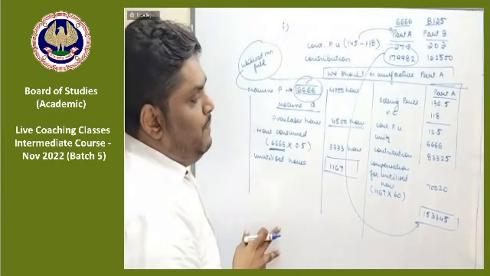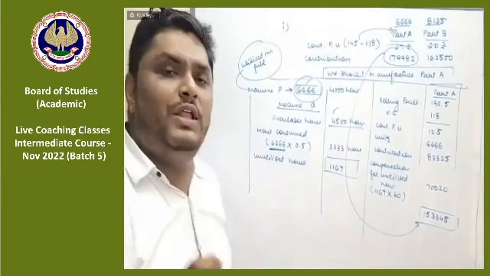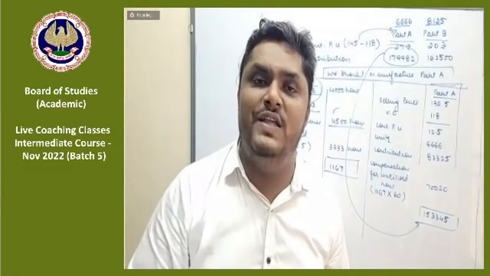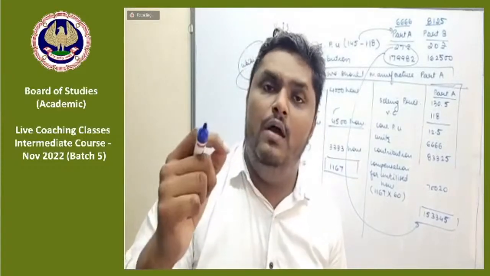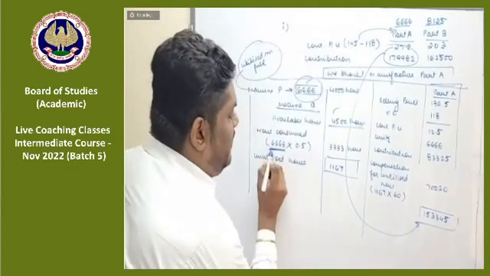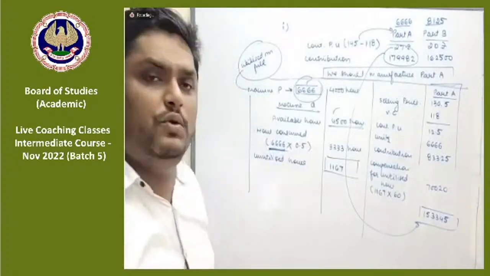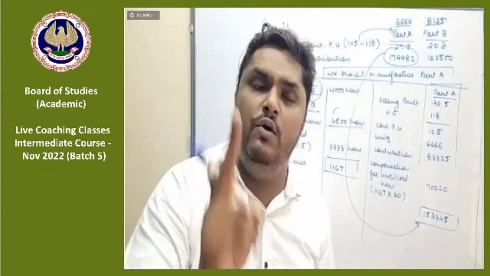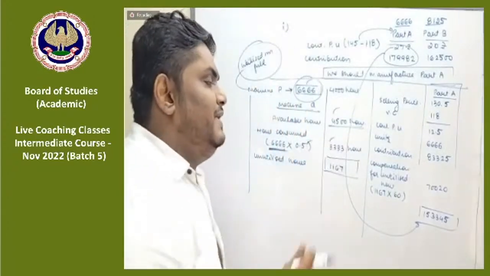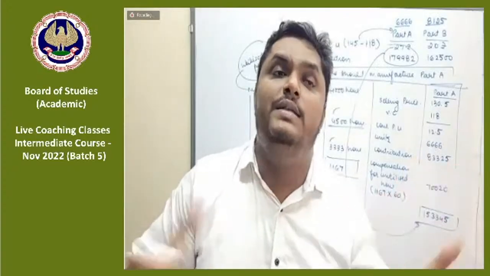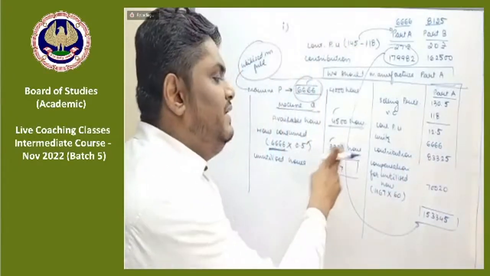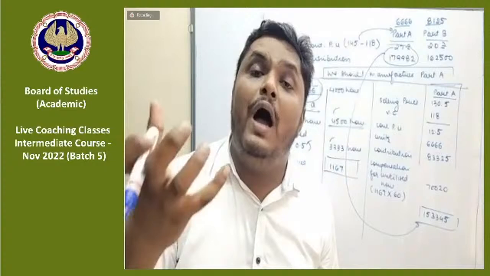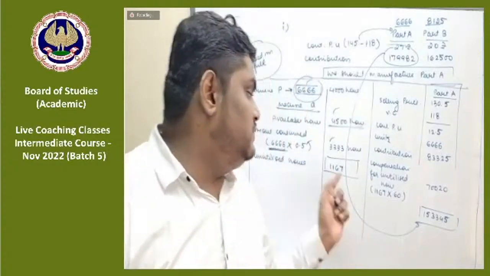Now when talking about machine Q, we have available hours of 4,500 hours only. How many units are we manufacturing, Madhuri? 6,666 units we are manufacturing, and one unit takes 0.5 hours. It means the total hours that were consumed were how much? 3,333. So how many hours are unutilized? 1167.